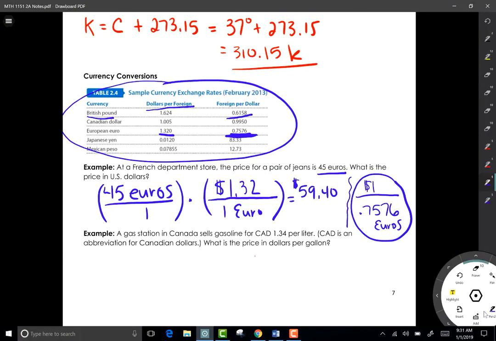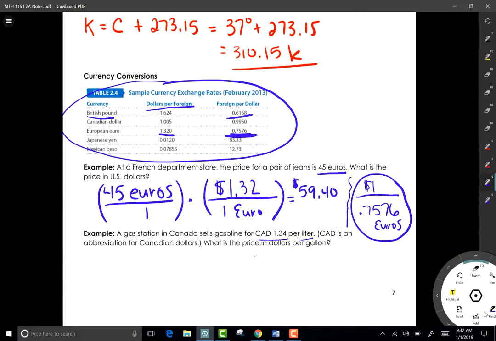Okay, last example. It says a gas station in Canada sells gasoline for $1.34 per liter, and that's in Canadian dollars. Let's see, what is the price in dollars per gallon? So we have two things we need to change here. We need to change Canadian money into US dollars, and we need to change liters into gallons.